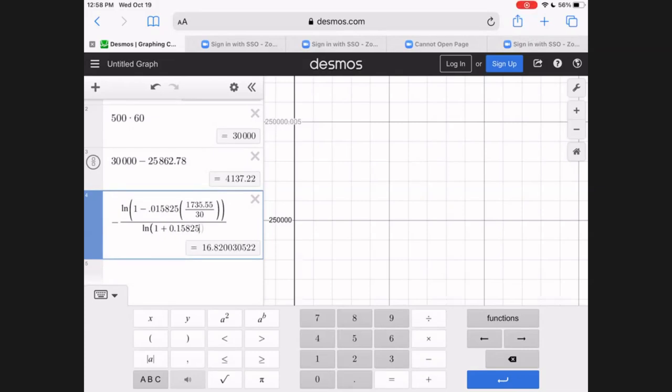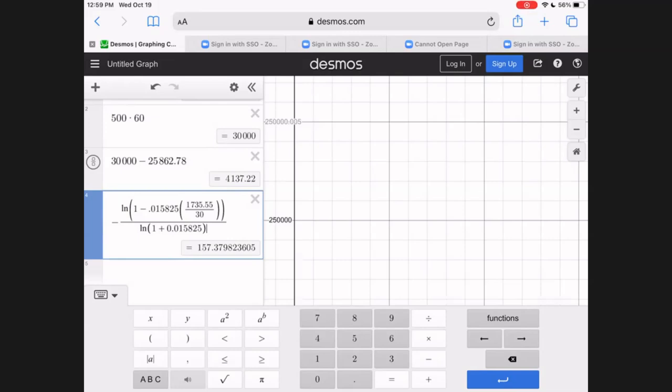Don't forget there's a special 0 here. I need to make sure I include that. So it says it's going to take 157 months. We're going to round it off because we would have some left. So this will take you over 10 years to pay off at the minimum.